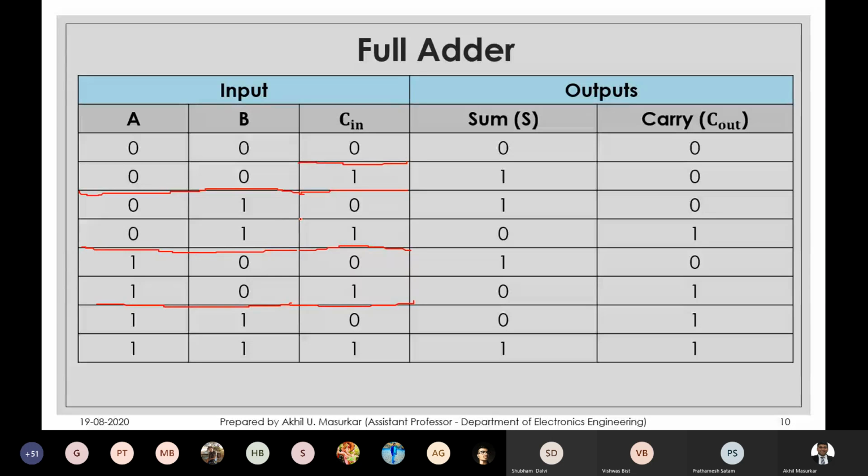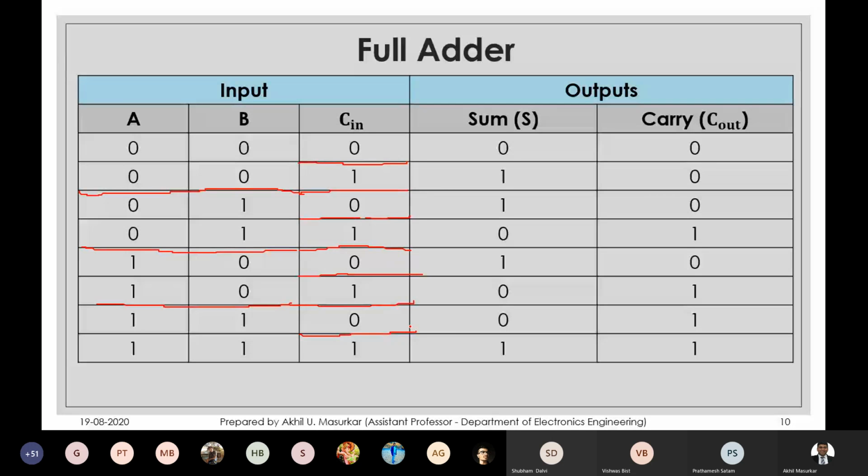For 0 1 combination of AB also it can be 0 or 1, and so on for each combination. So whenever you are adding two bits, the two bits can be 0 or 1 only.